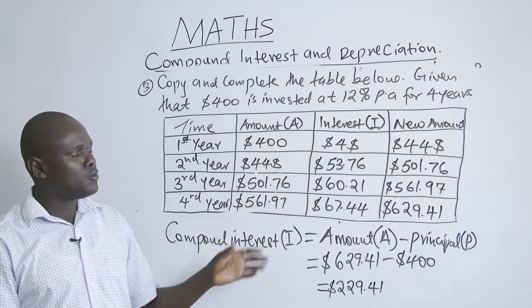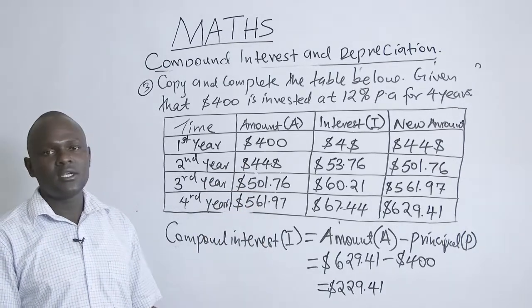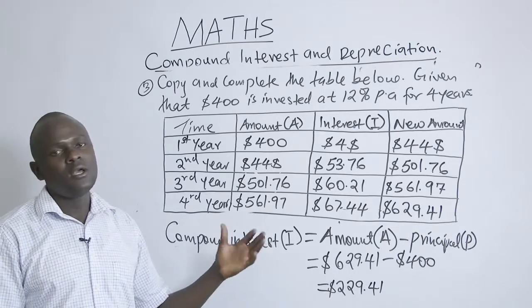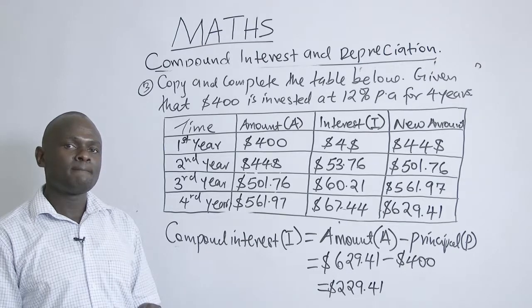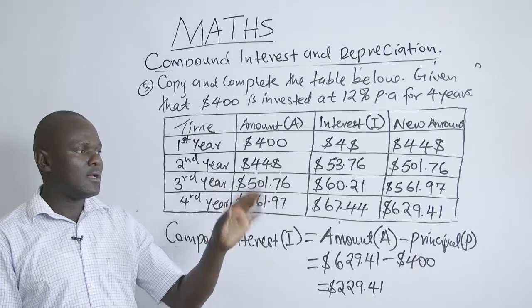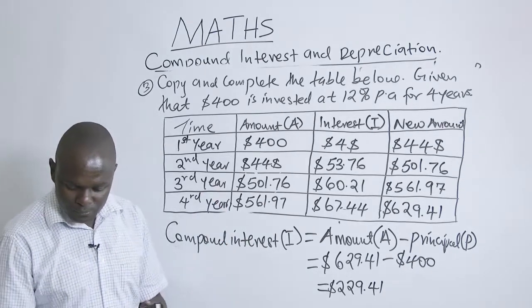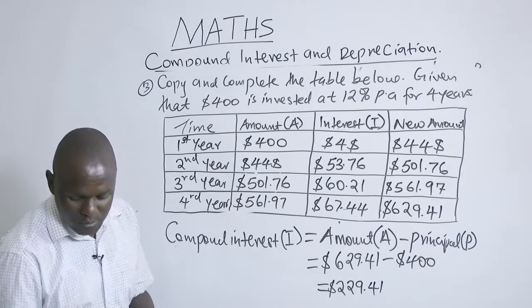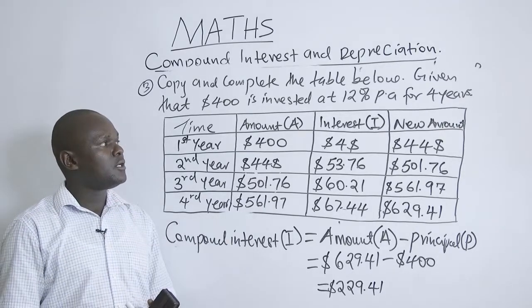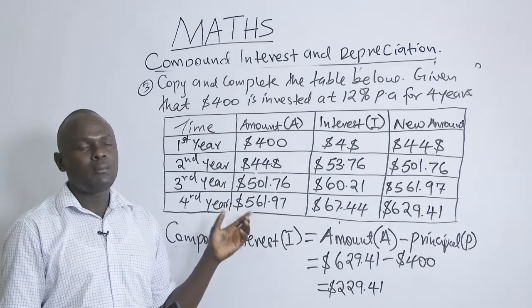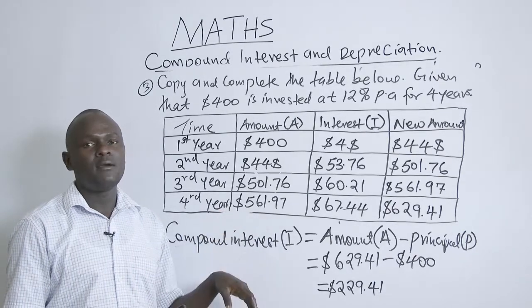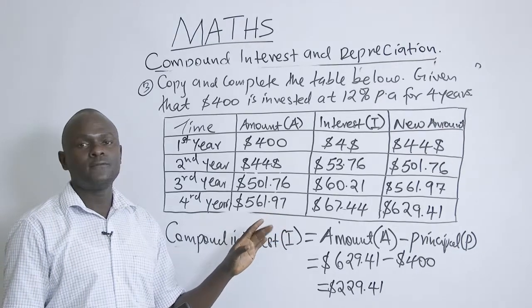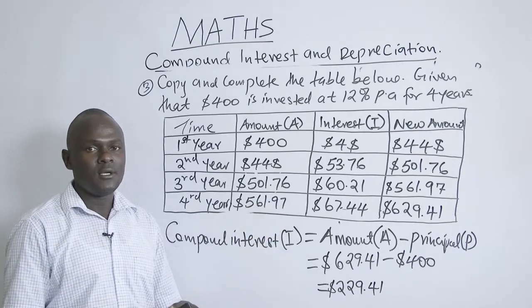And if the question had more periods, let us say for example 10 periods, the amounts will tend to increase continually up to the last year. I hope you have understood how to apply the simple interest formula in calculation of compound interest.